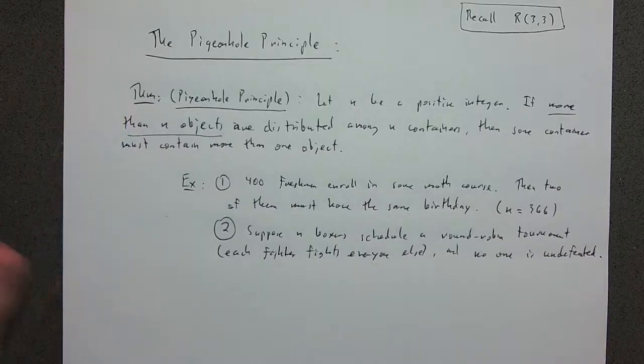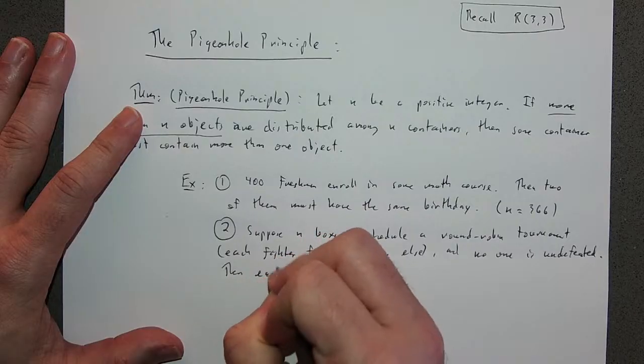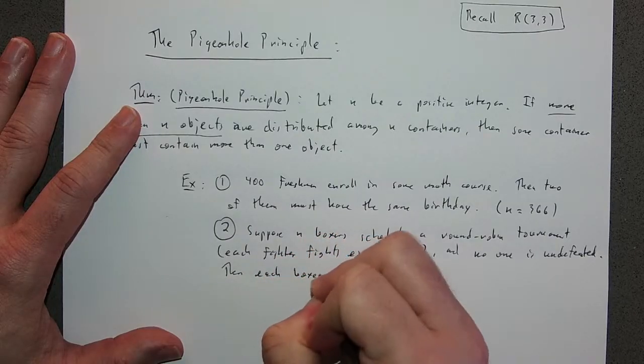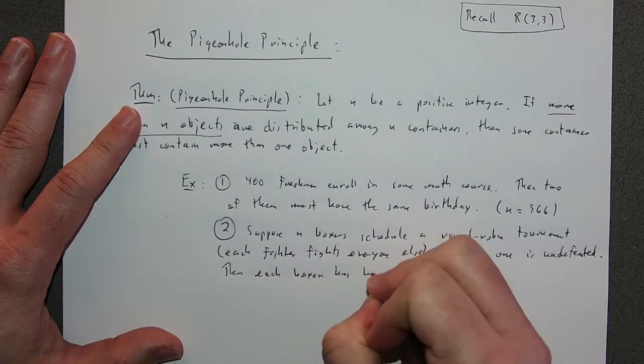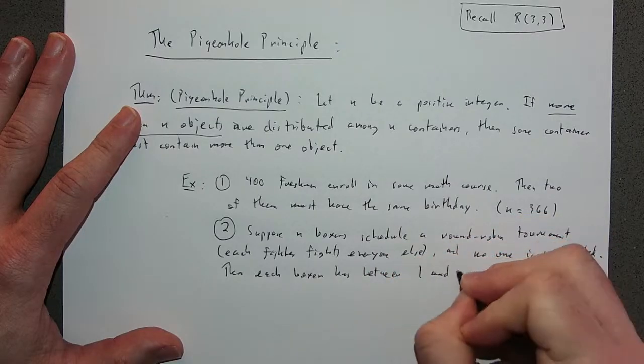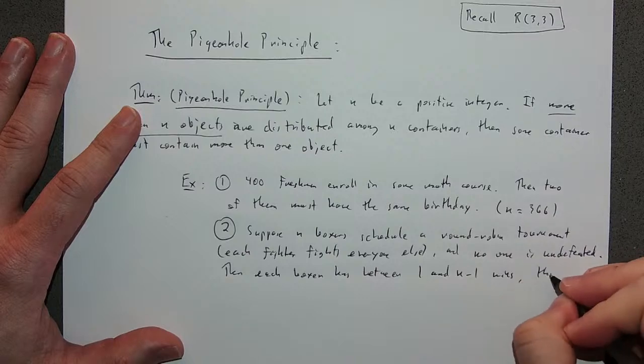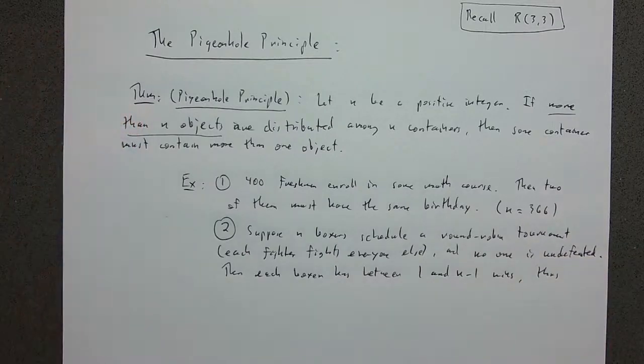So everyone has at least one loss. In this instance, each boxer has between 1 and n minus 1 wins, so 2 boxers must have the same record. Thus, 2 boxers must have the same record.